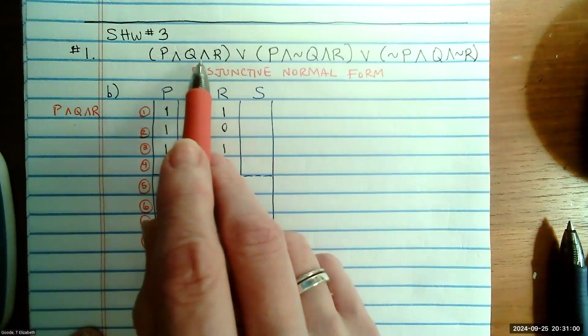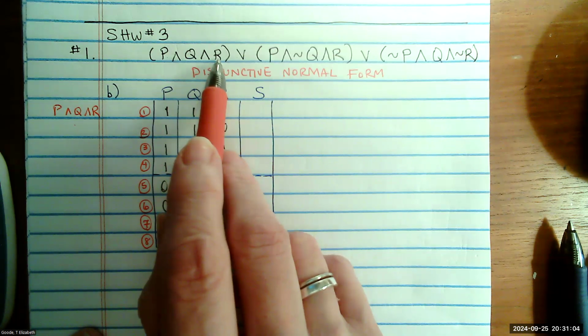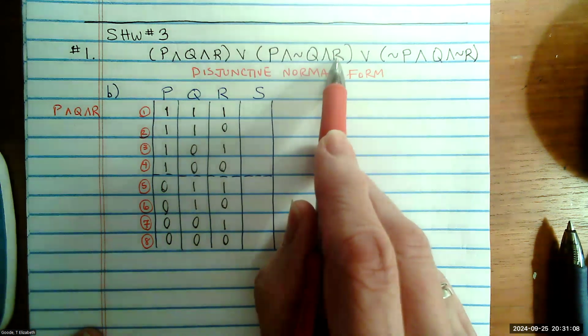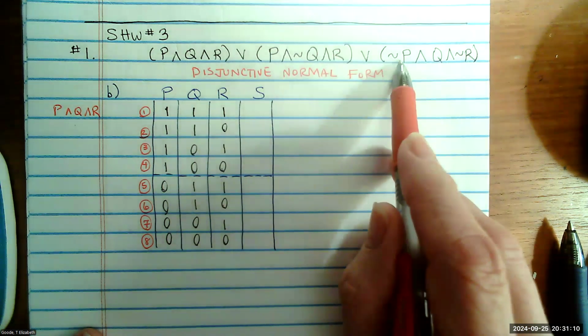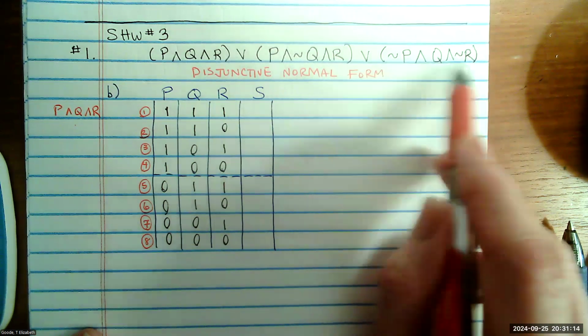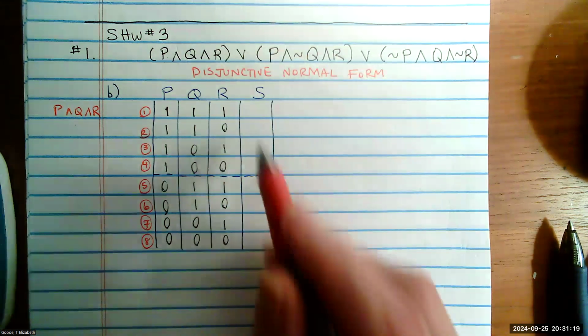This says we want to get an output of 1 if P and Q and R are all hot, or if P is hot and Q is cold and R is hot, or if P and R are both cold and Q is hot. See? So it tells us exactly the rows in the IO table where we want to have a hot output of 1.